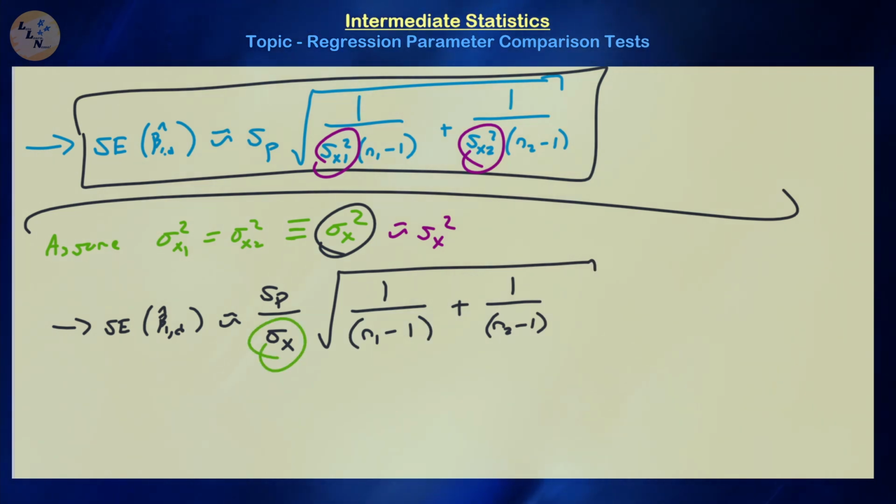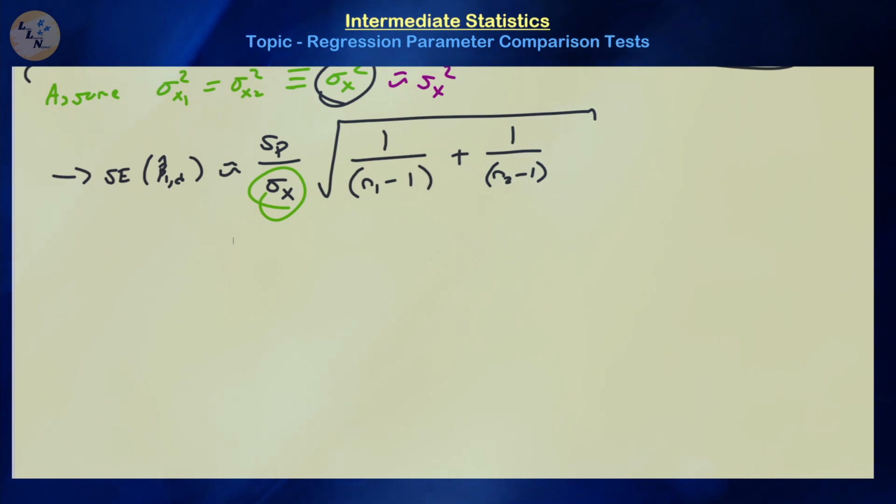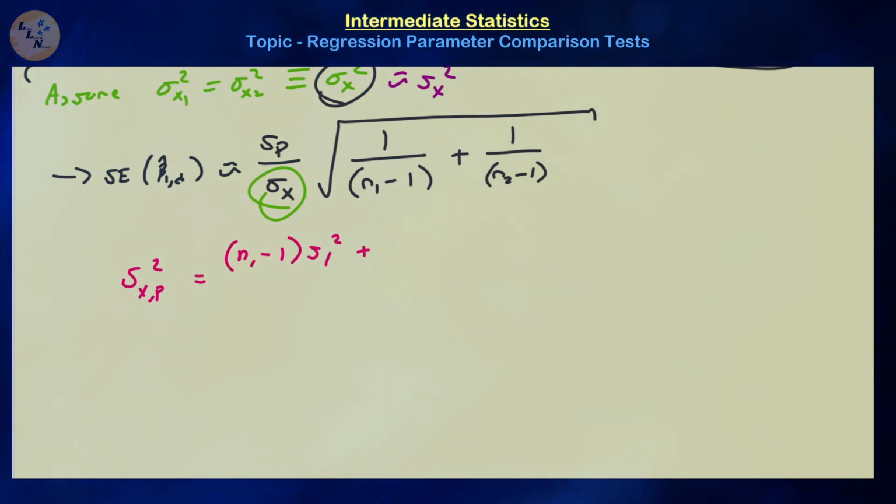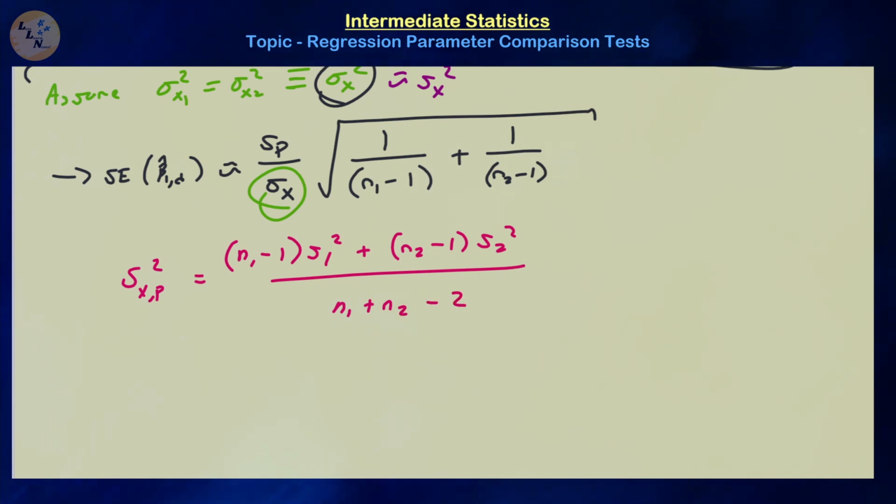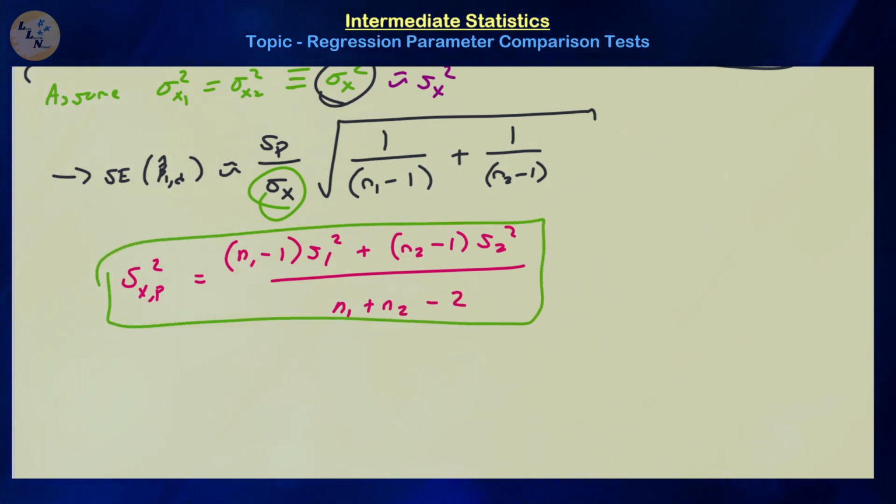And now we need to approximate sigma x with something. So what are we going to approximate a univariate variance with? We're going to approximate that with a pooled variance as well. So that's going to be the pooled variance of a univariate, n1 minus 1 times s1 squared plus n2 minus 1 times s2 squared, all over n1 plus n2 minus 2.